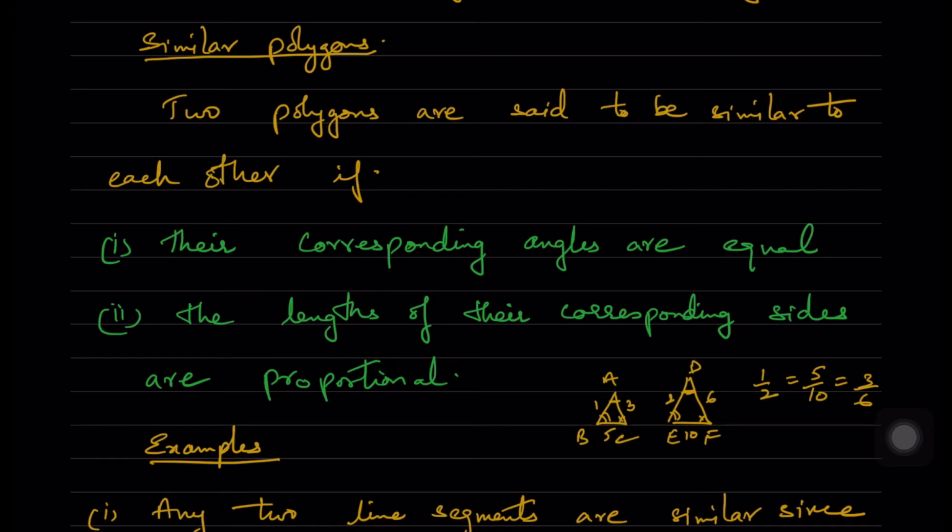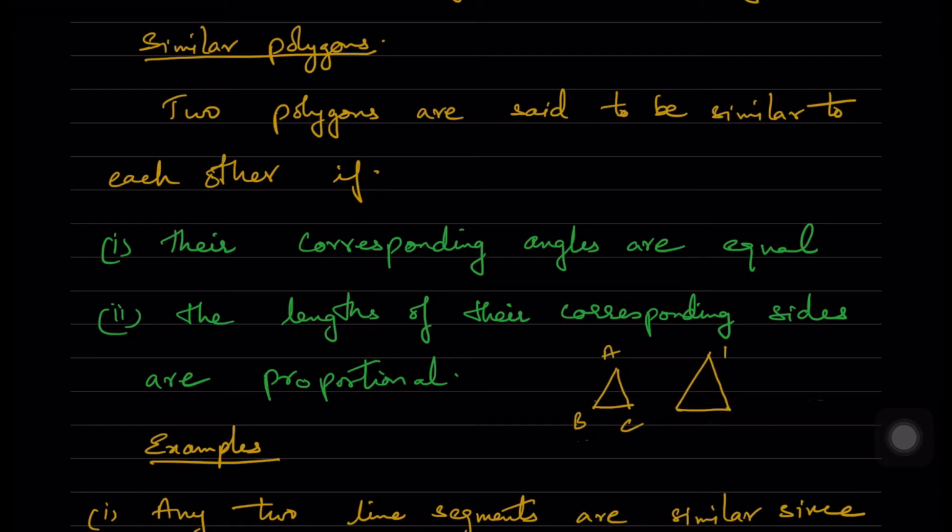Now if I take two triangles in this way, one triangle in this way and one more triangle in this way, and I name this triangle ABC and this DEF, you can see that if angle A is equal to angle D, angle B is equal to angle E, and angle C is equal to angle F, then these two triangles are said to be similar.